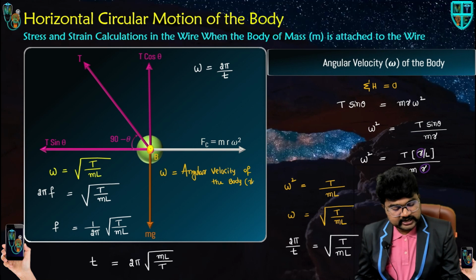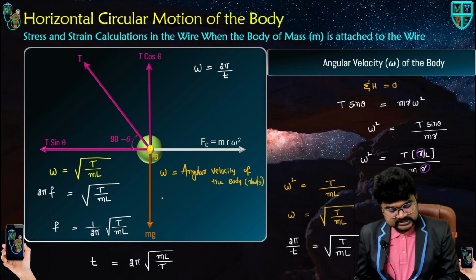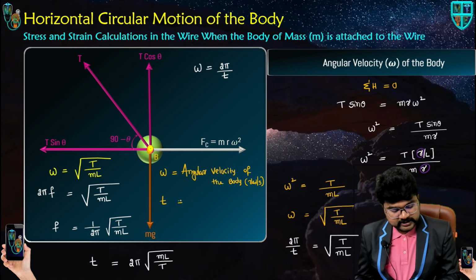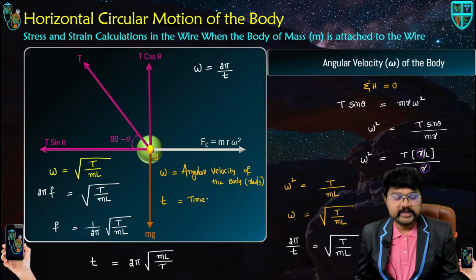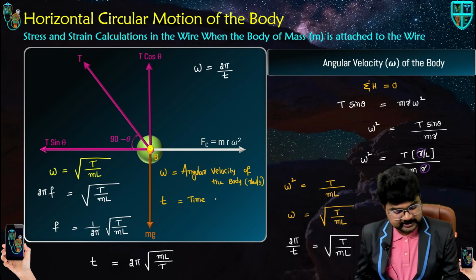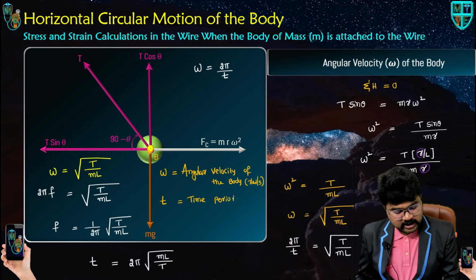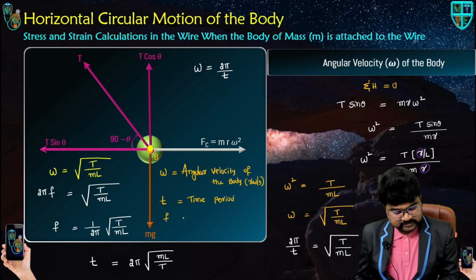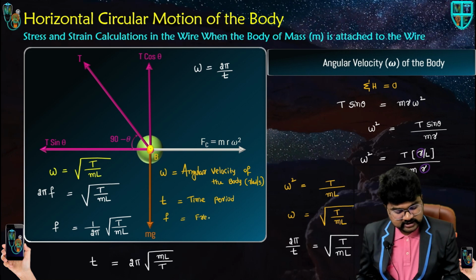Next, t is the time period of the body which is in circular motion. And f is the frequency.